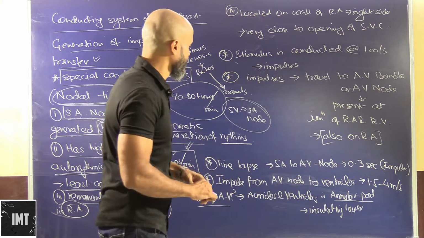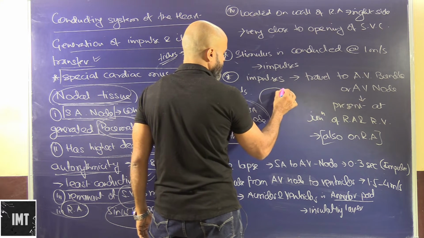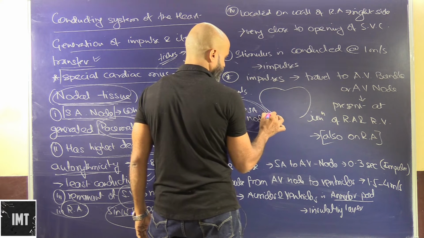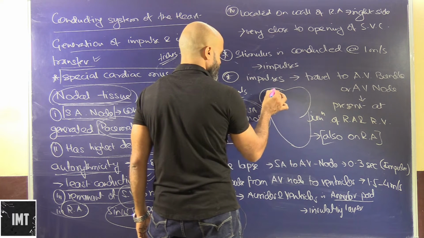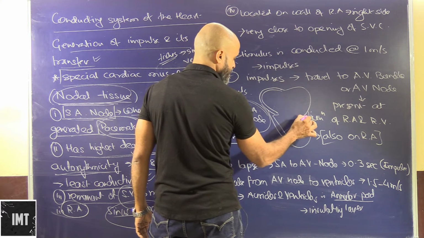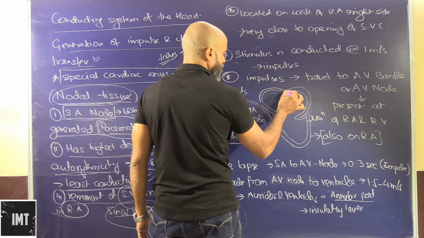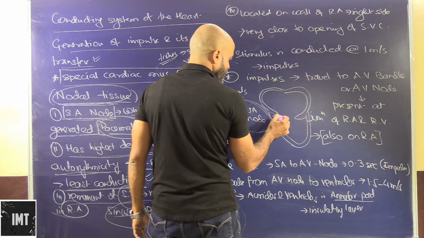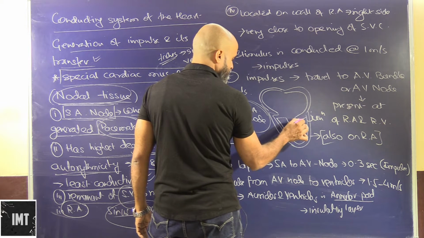So if we look into the heart, let's say this is basically the heart. We have the auricular ventricular separation here. These are the walls of the heart, and we have the ventricles out here.